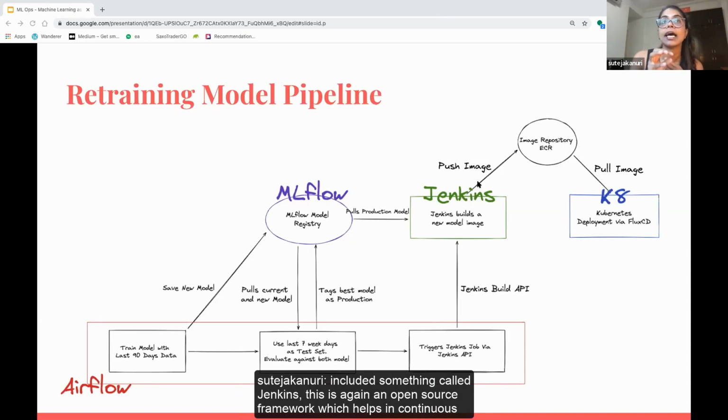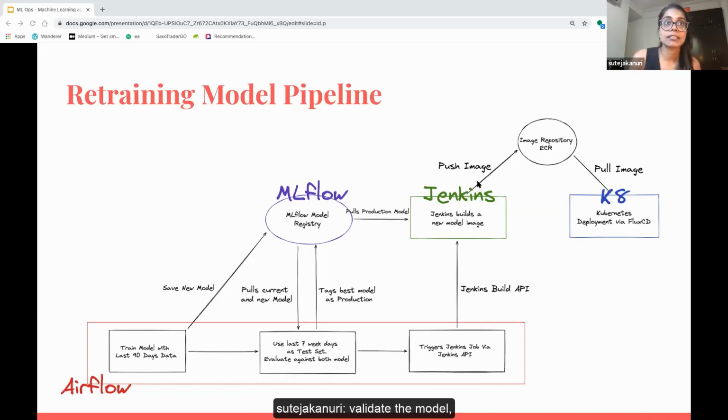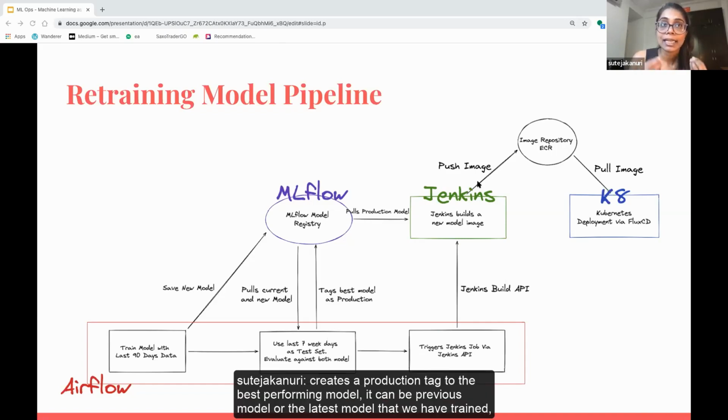This is again an open source framework which helps in continuous integration and continuous delivery. So Jenkins detects the entry of a new model to MLflow, validates the model, and creates a production tag for the best performing model. It can be the previous model or the latest model that we have trained.